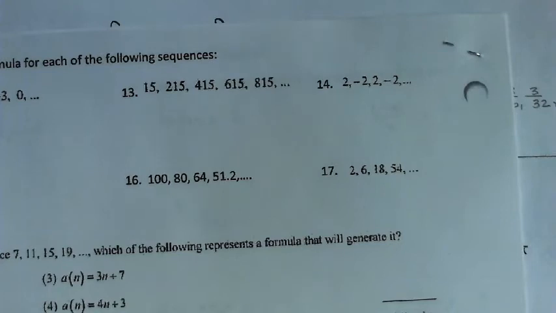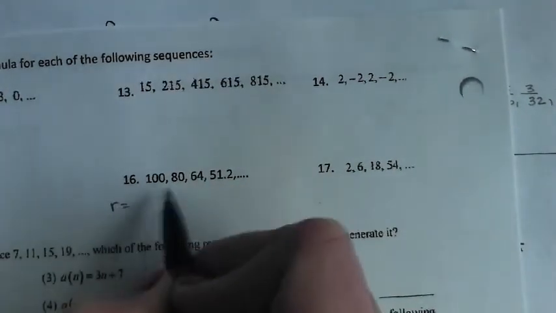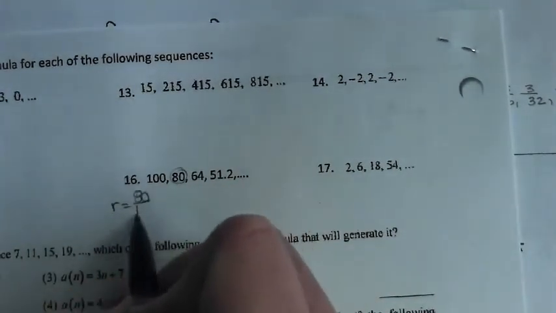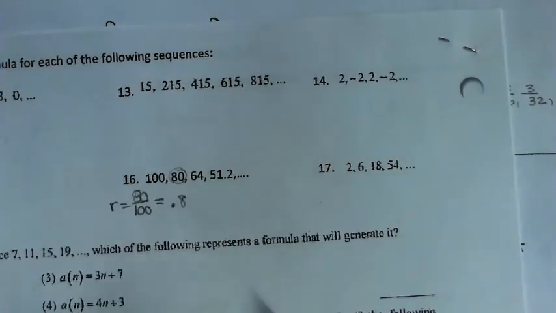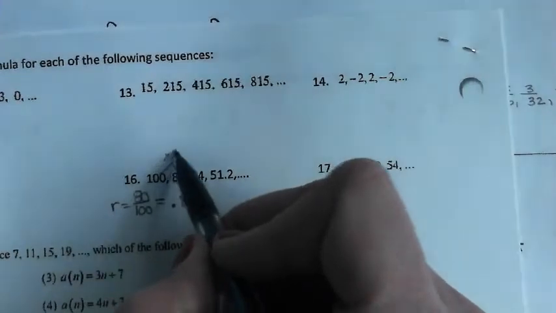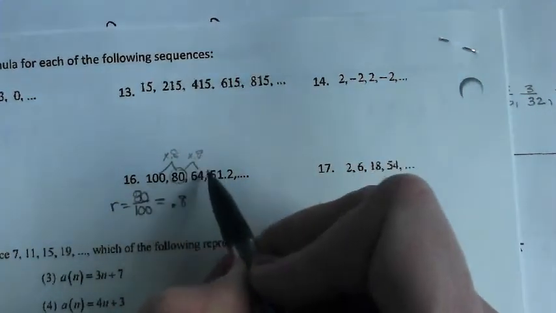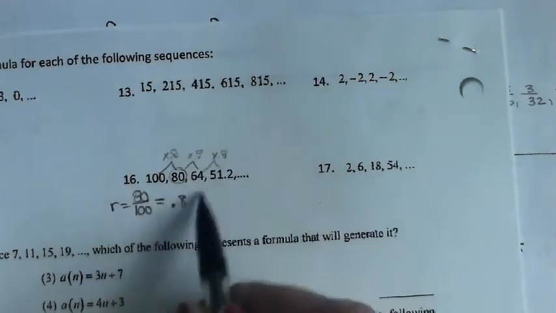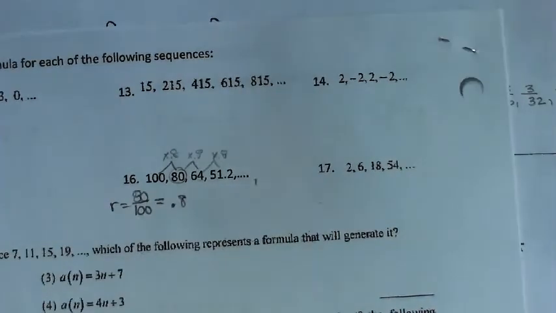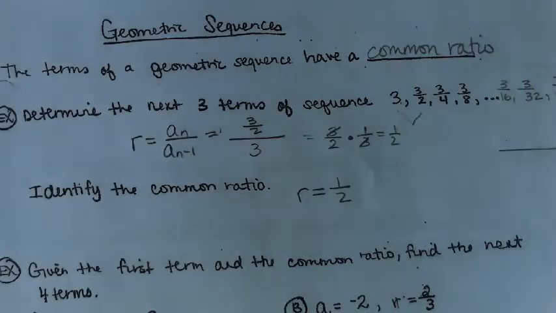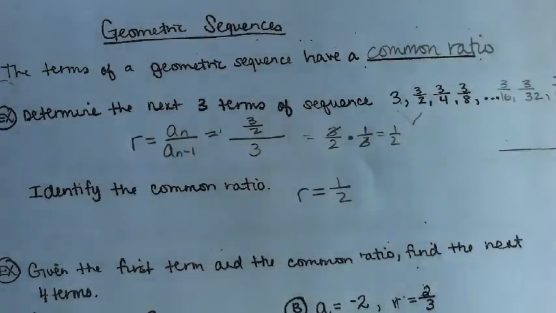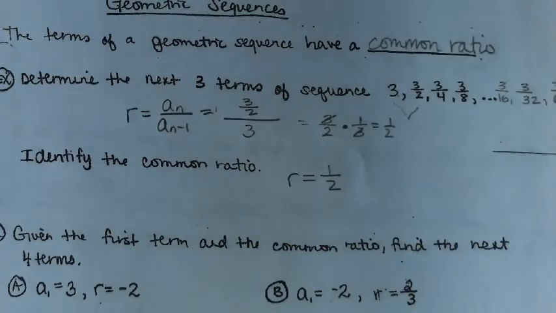In order to figure out that common ratio, you divide 80 by 100, and you get 8/10 or 0.8. And that's the multiplier, times 0.8, times 0.8, times 0.8. And it gets uglier the further you get because your numbers turn into more and more decimals. Okay? So some are obvious, some are not, and I just want you to be confident with the ones that aren't as obvious to calculate.